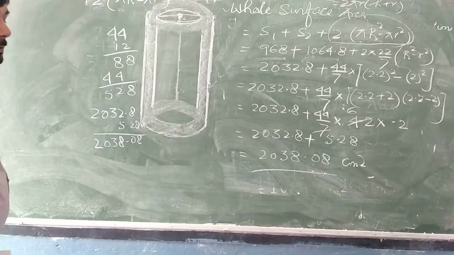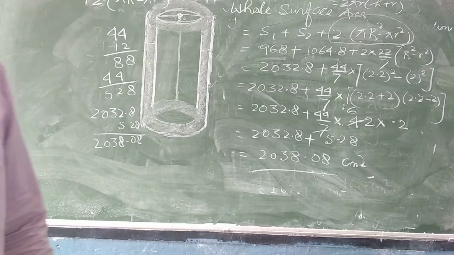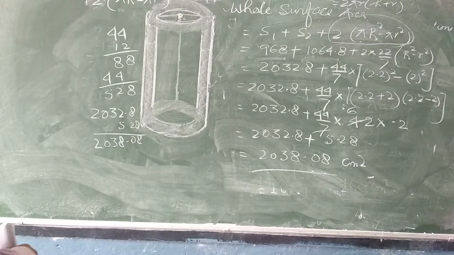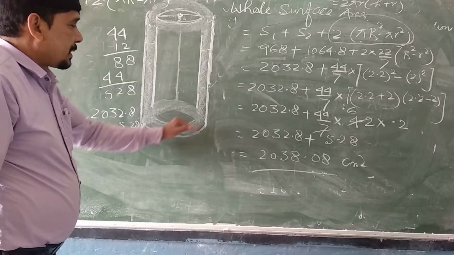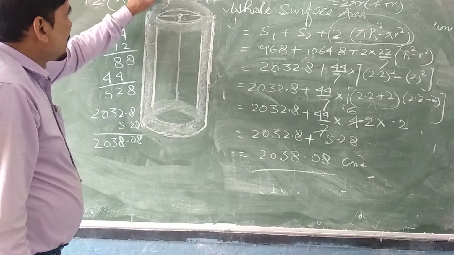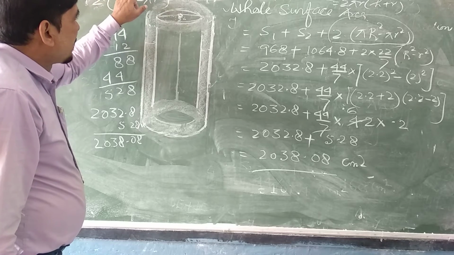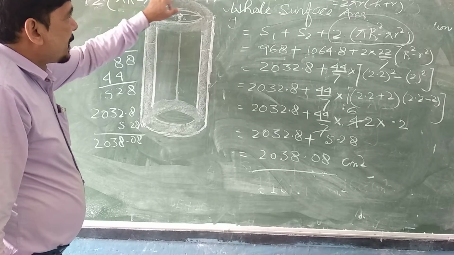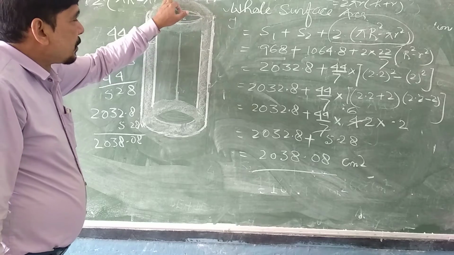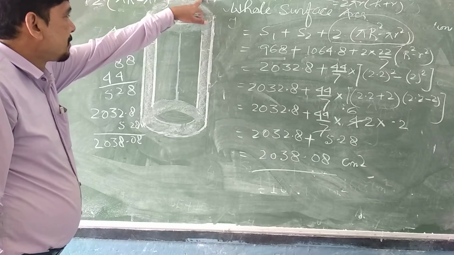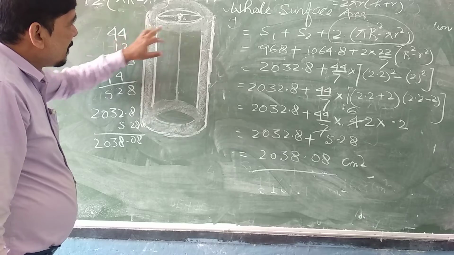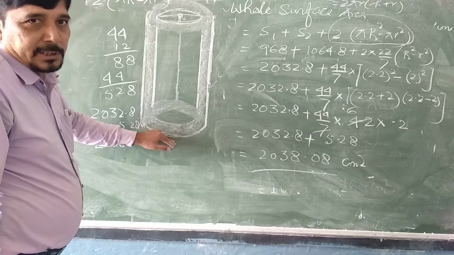So the total surface area of the pipe is equal to external surface area 2 pi capital R h plus internal surface area 2 pi small r h plus area of both circular ends.